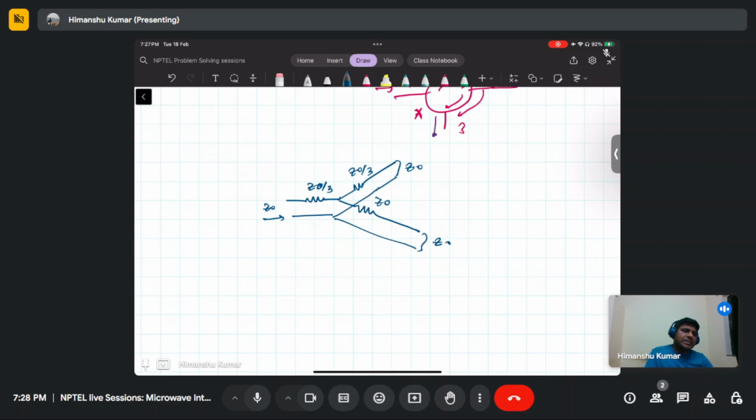But the problem with this kind of device is that this is port 1, this is port 2, and this is port 3. If some power is reflected from port 2, it will be transmitted to port 3. So port 2 and port 3 are not isolated.